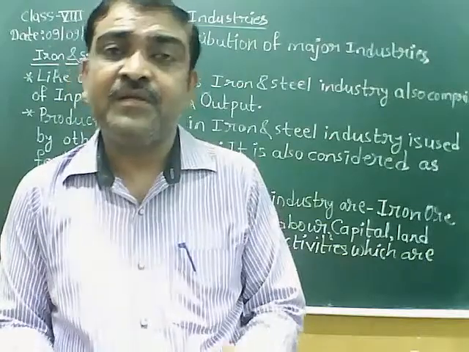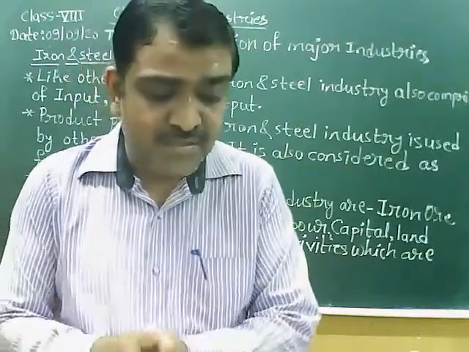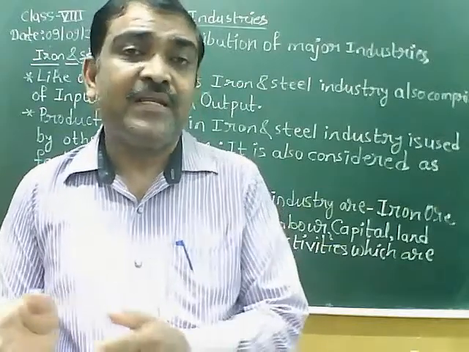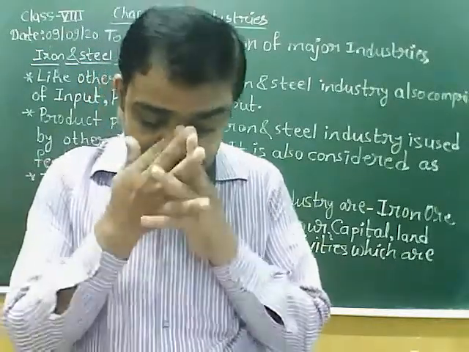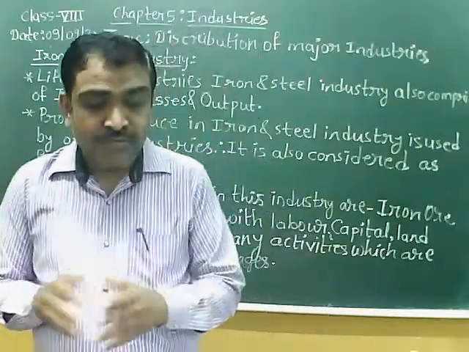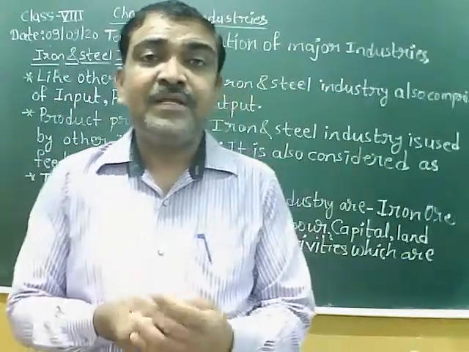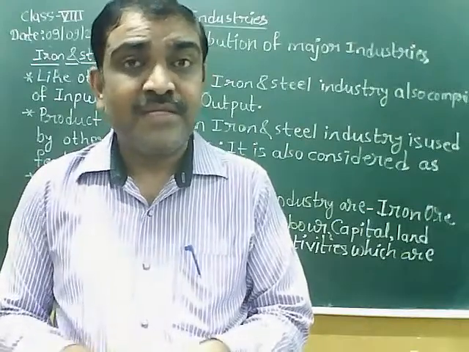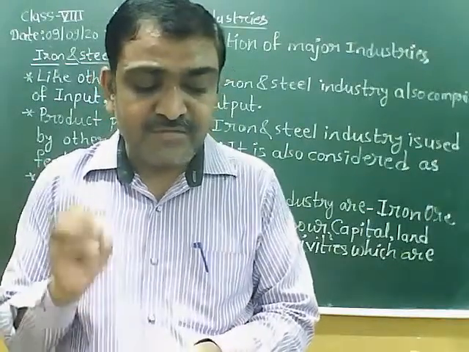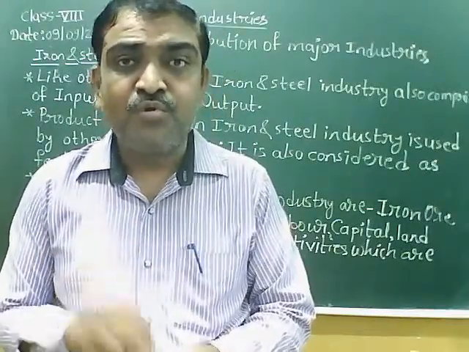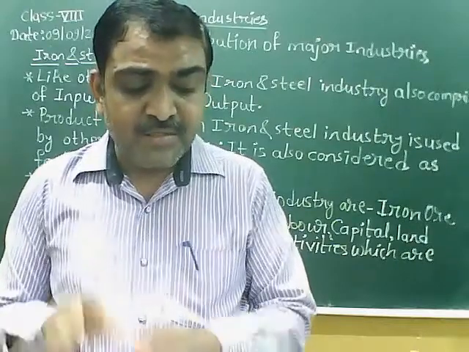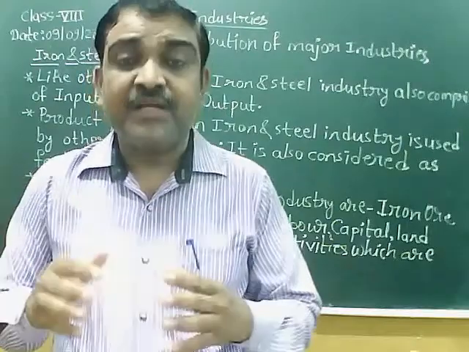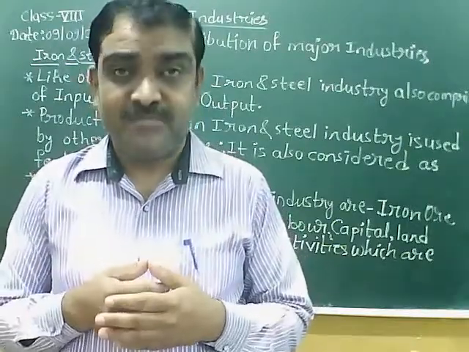A number of activities are there, performed in a number of stages. For example, the raw material, that is the iron ore, is mixed with limestone and some amount of coke. This is put into a blast furnace where it undergoes smelting. Okay?